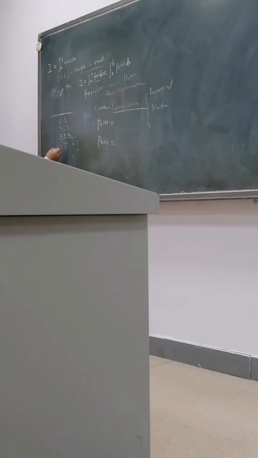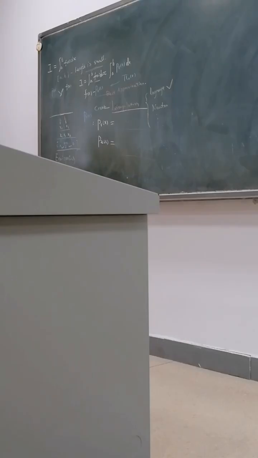This kind of partition, or the length of these node points, is called equi-spaced. Equi-spacing means here we ask x1 minus x0 to be equal to x2 minus x1.